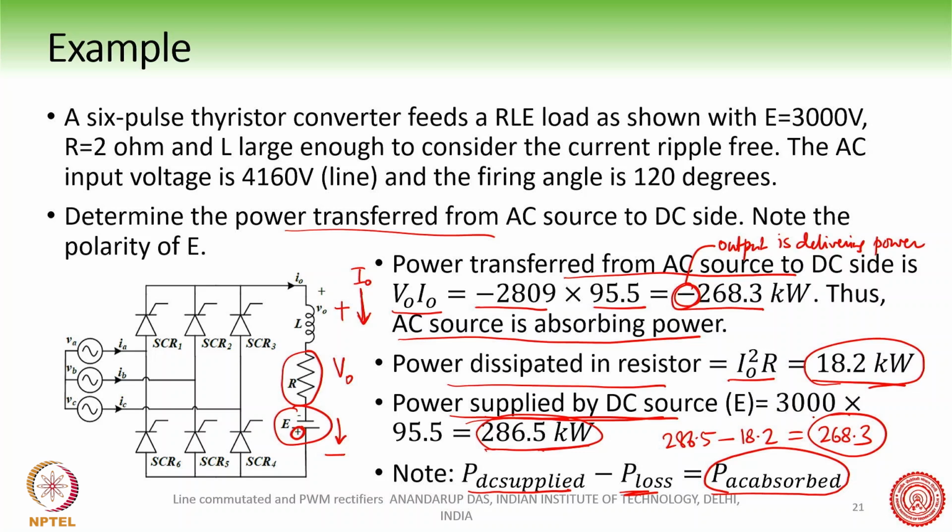So this is the power going back to the AC source. The AC source is absorbing this much power from the DC side. So you have to be careful in how the plus minus conventions are used.